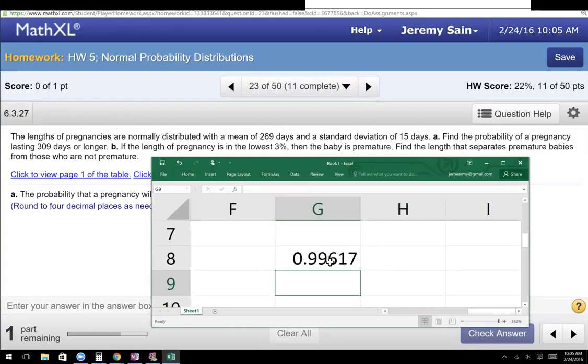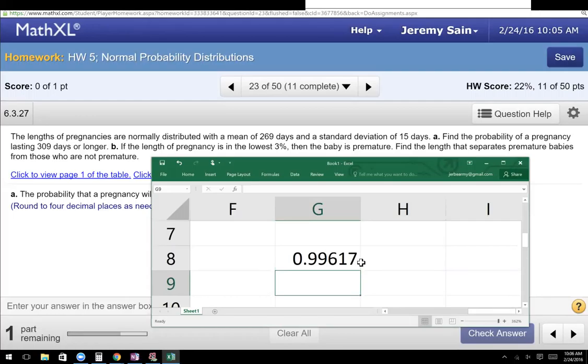What is the question asking us for? So if I went back into the original question, what is this 99%? What would it mean? That would be the probability that the pregnancy was what? Well, it's almost 100%, but what is it the probability of? 309 days or less.